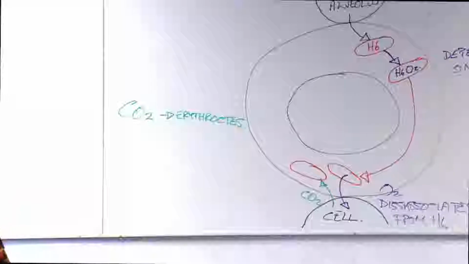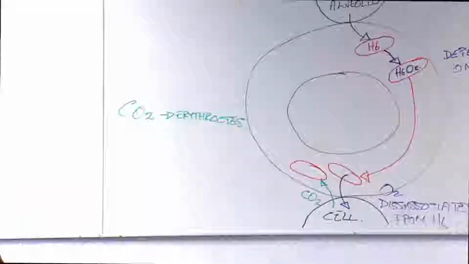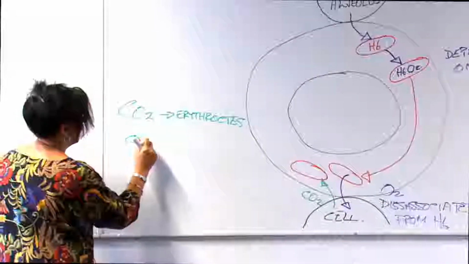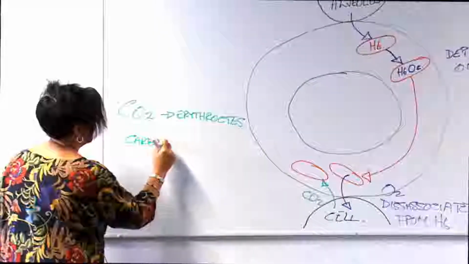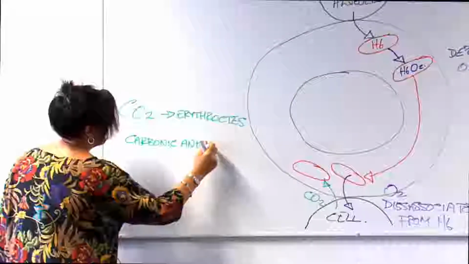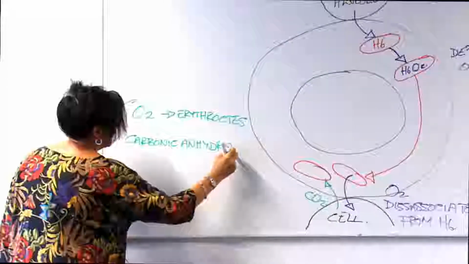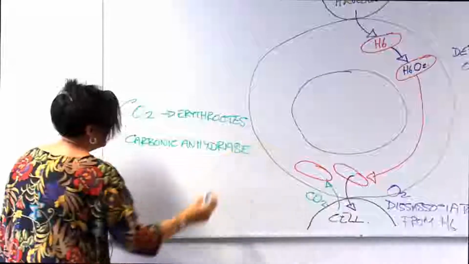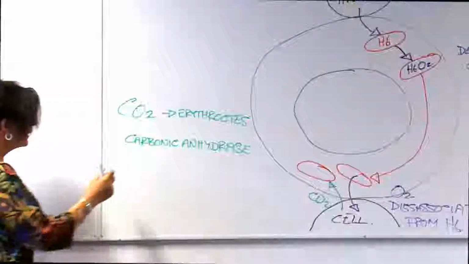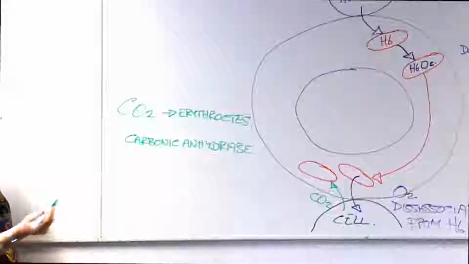Within erythrocytes, we have a lot of carbonic anhydrase, and that's what we need there. Carbonic anhydrase hydrates CO2. So if it hydrates it, we're adding water.